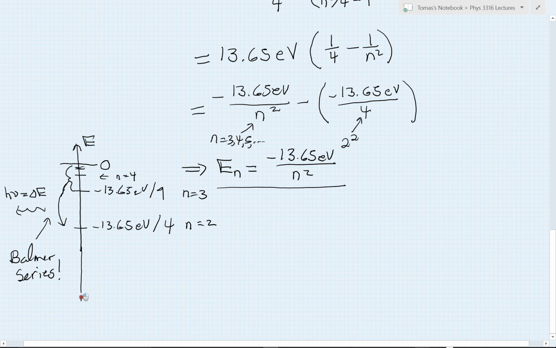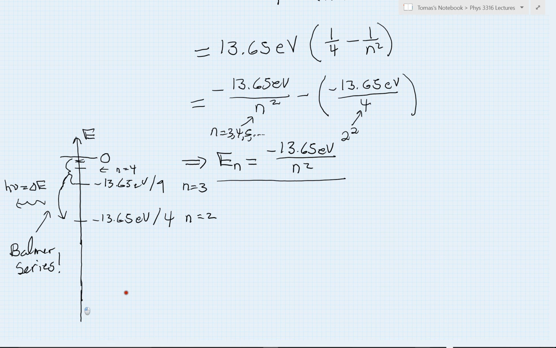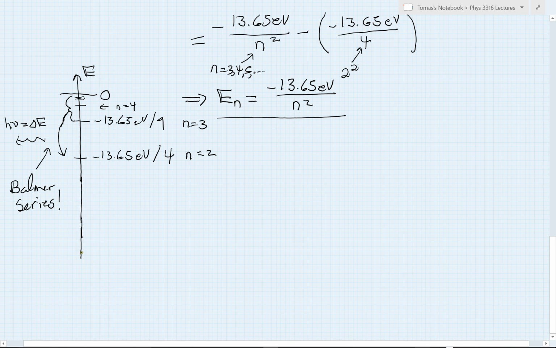Shouldn't there be a level much further down here, when I stick in n equals 1, that would give me an actual 13.65? It's a little hard for me to draw. I don't want to use up too much screen space here. But minus 13.65 eV would, of course, correspond to my n equals 1 energy, if there were such an energy.